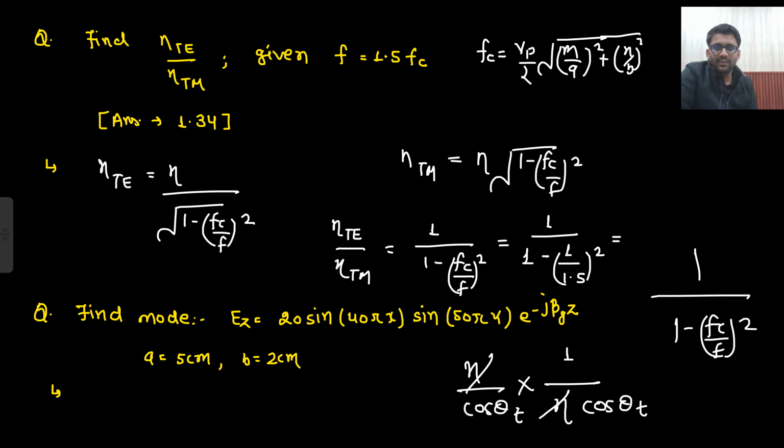F is 1.5. So 1.5 reciprocal whole square minus 1 plus minus. 1.8 will be the answer, not 1.34. Okay, answer will be 1.8. Really sorry for the error. Answer will be 1.8.